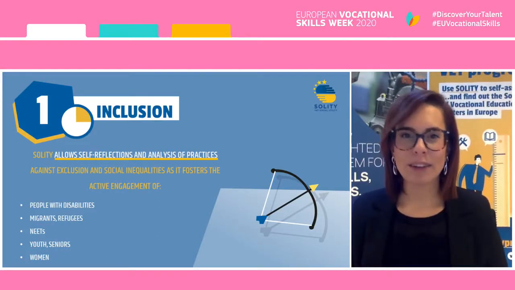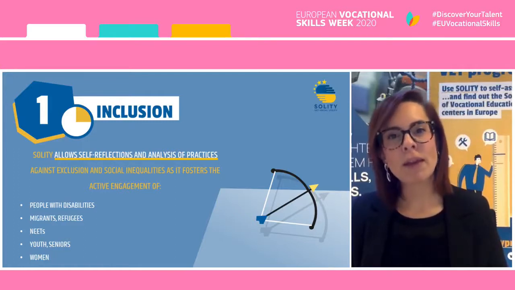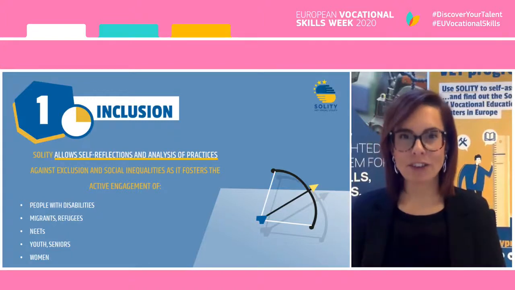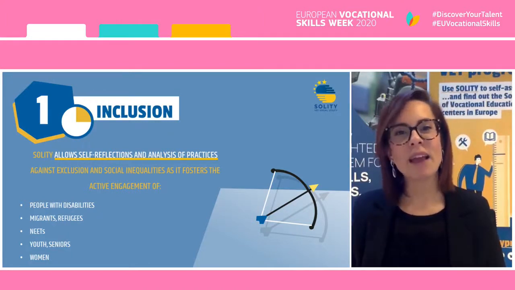The first subject I would like to explore with you is inclusion, intended as fighting exclusion and social inequalities. Through the SOLITY tool, VET providers can analyze the benefits of their practices to foster the inclusion of categories at risk. They can indeed contribute to providing access to the labour market for those people far from employment by putting in place concrete actions to increase integration rates in the labour market and in the society.